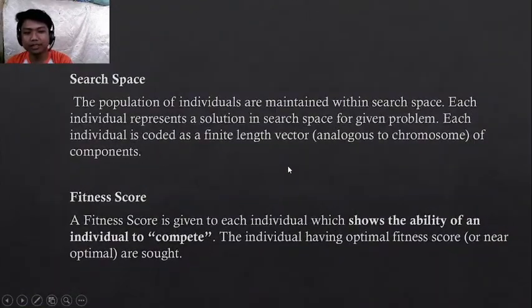I will be discussing search space. The population of individuals is maintained within search space. Each individual represents a solution in search space for a given problem.